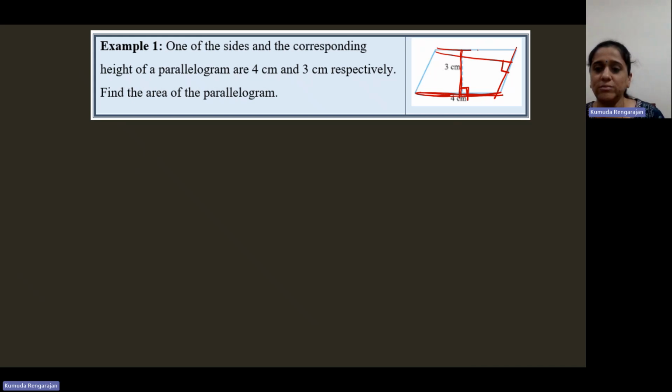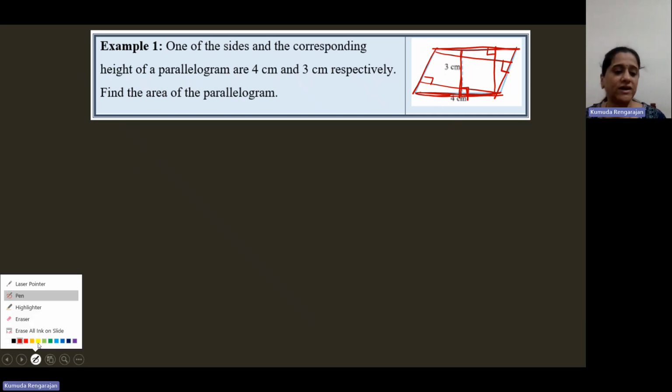If you take this side as the base, then this will be the altitude on that base. Sometimes the altitude will lie outside the parallelogram also. We'll see such figures later.